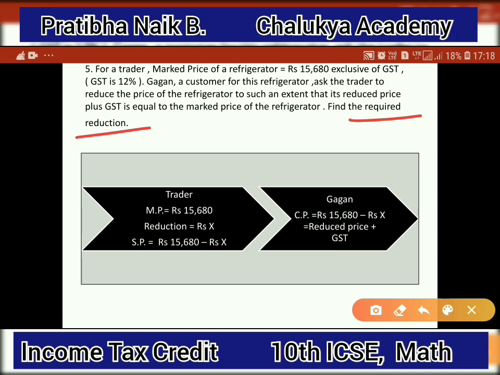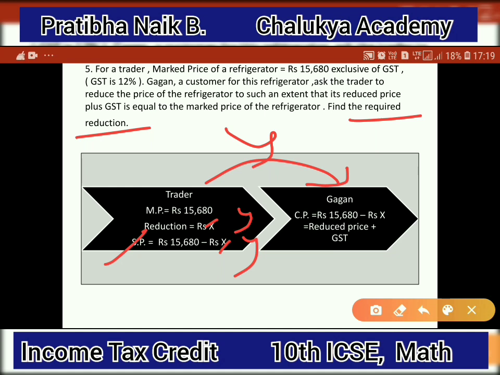Now let the required reduction be y. Okay, so instead of x we are taking y here. His marked price is 15,680. So the trader is selling the refrigerator to Gagan by reducing the price. That means the selling price of the trader is 15,680 minus y.